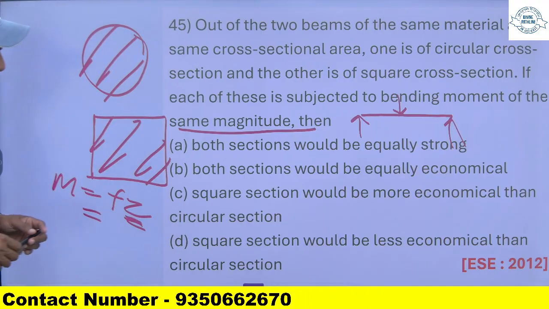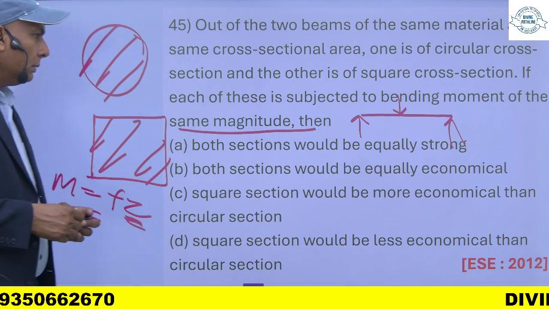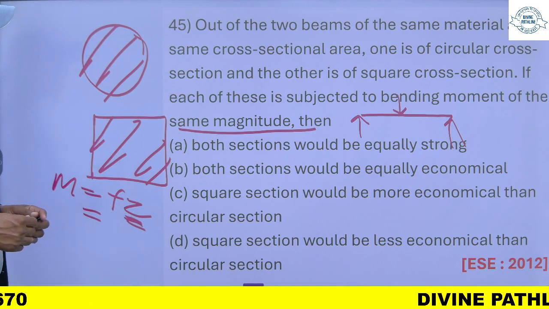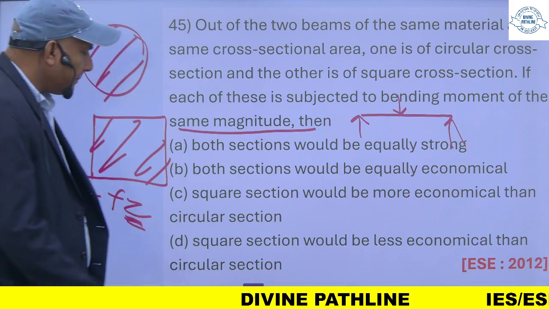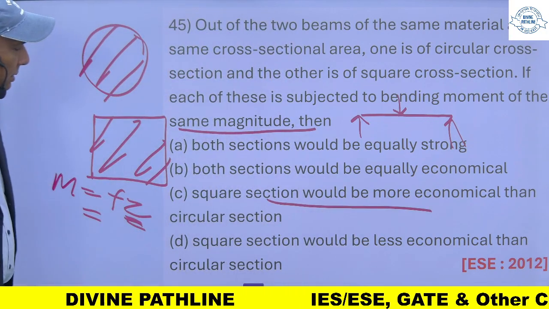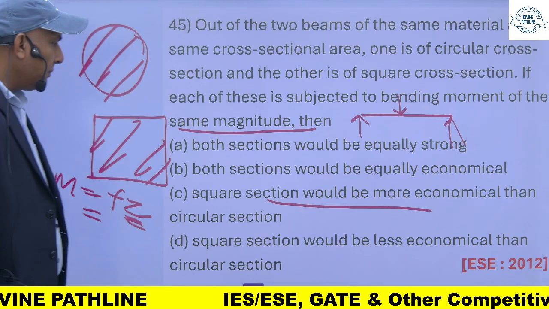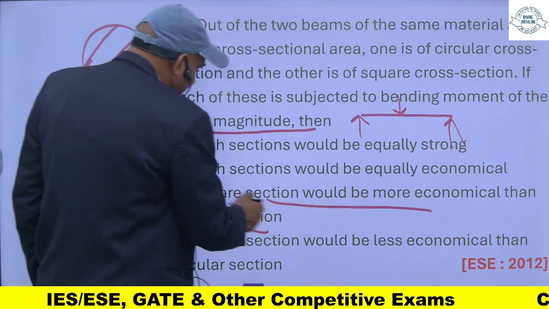So the square section has more section modulus. The section modulus of the square section is greater than that of the circular section. It means it will be more economical than the circular section.